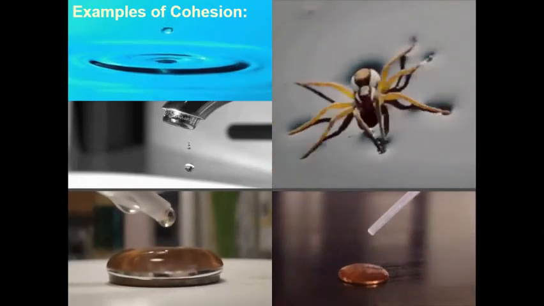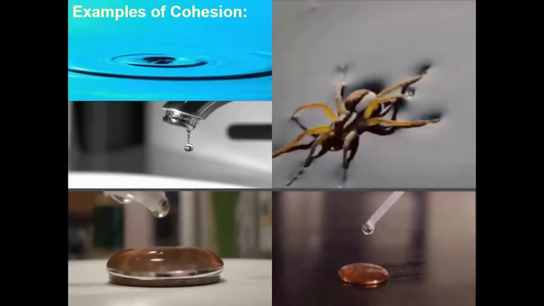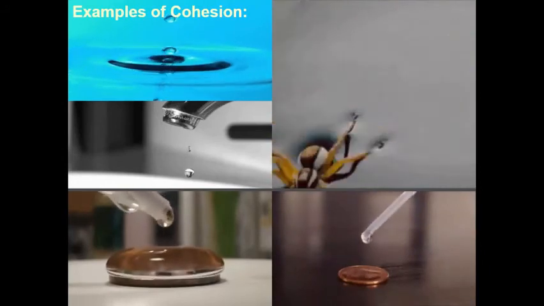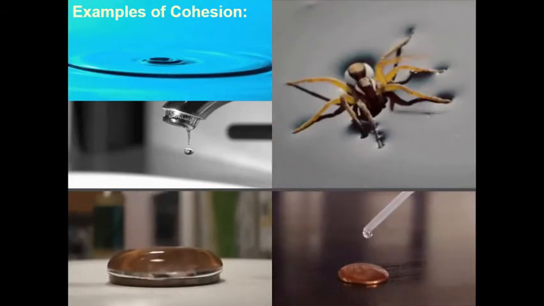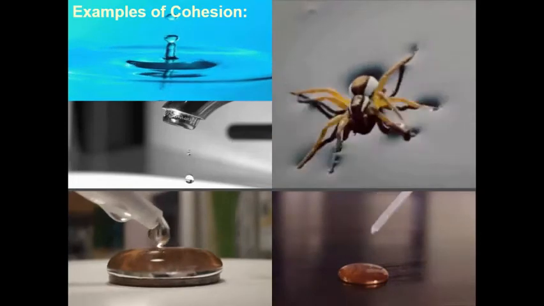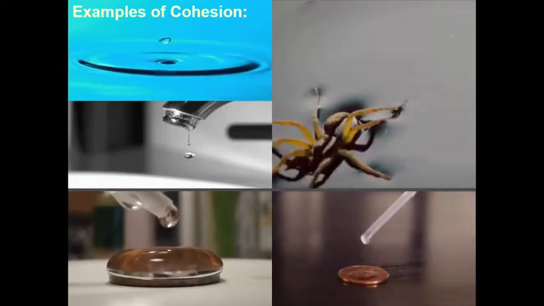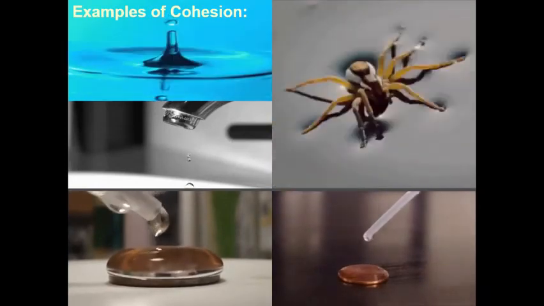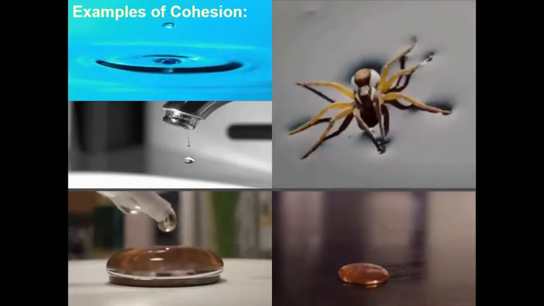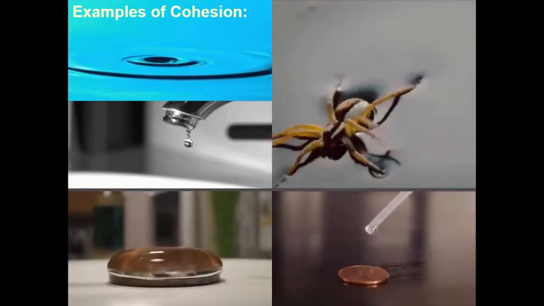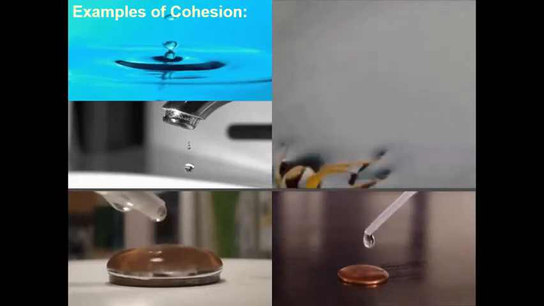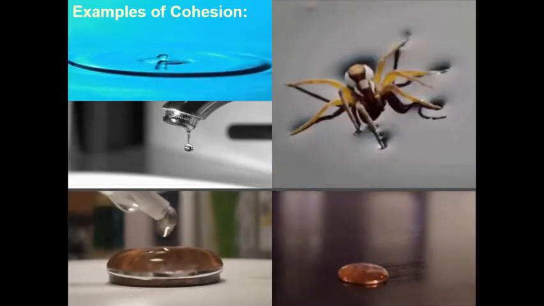If you've ever gone swimming and you decided you wanted to try diving and instead you ended up doing a belly flop, the reason a belly flop seems to hurt so much is because when you are horizontal, either on your front or your back, if you've ever done a back flop, when your body hits it, you're hitting that surface of the water.